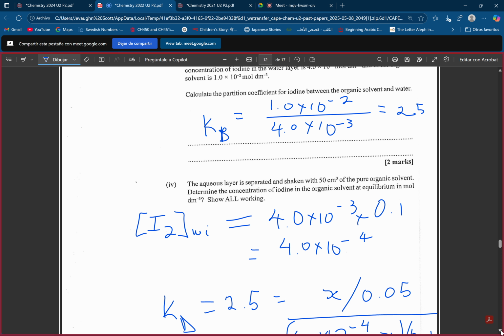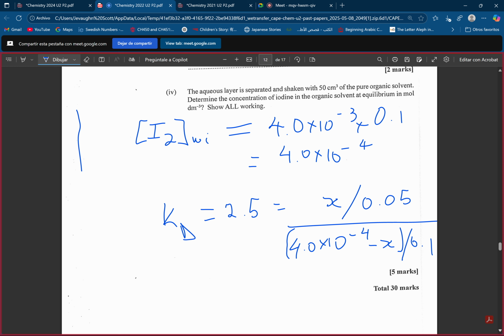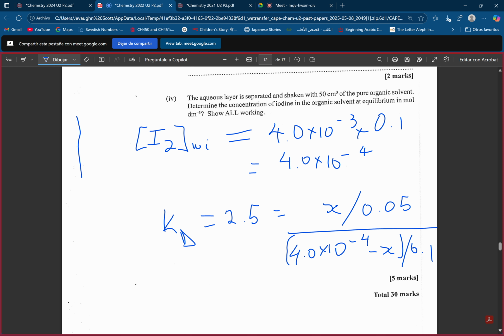So we're minus the x because of the pure organic layer, because we've lost some of it in the organic layer. So that has been completely removed from what we have. And then we're trying to find how much of that is there. Remember that the numerator is the organic phase, and the denominator is the aqueous phase.